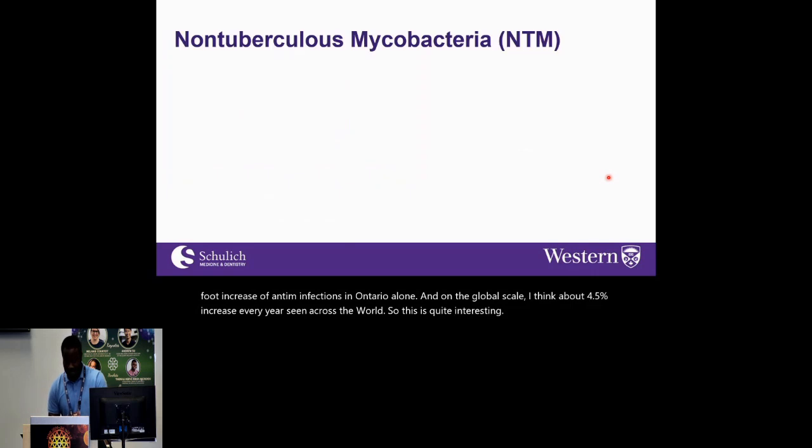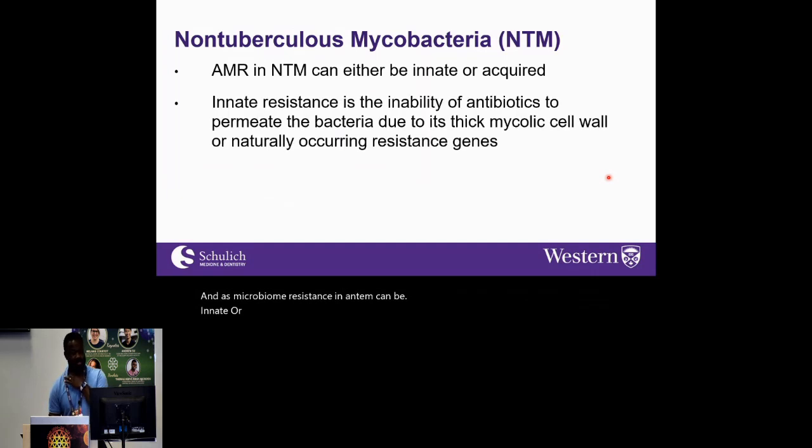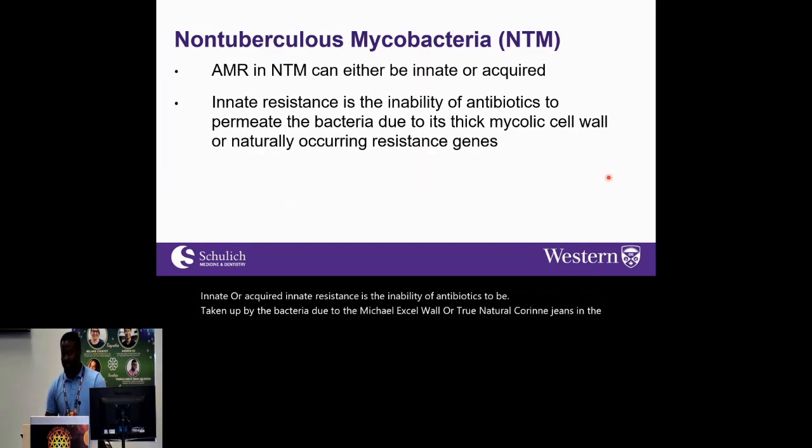Antimicrobial resistance in NTM can be innate or acquired. Innate resistance is the inability of antibiotics to be taken up by the bacteria due to the thick mycolic cell wall, or through naturally occurring genes in the bacteria that can expel the antibiotics or prevent them from killing the bacteria.